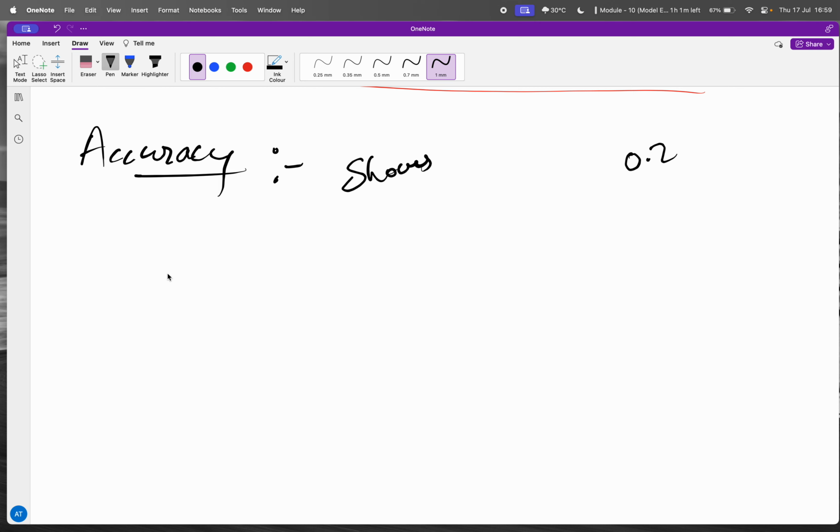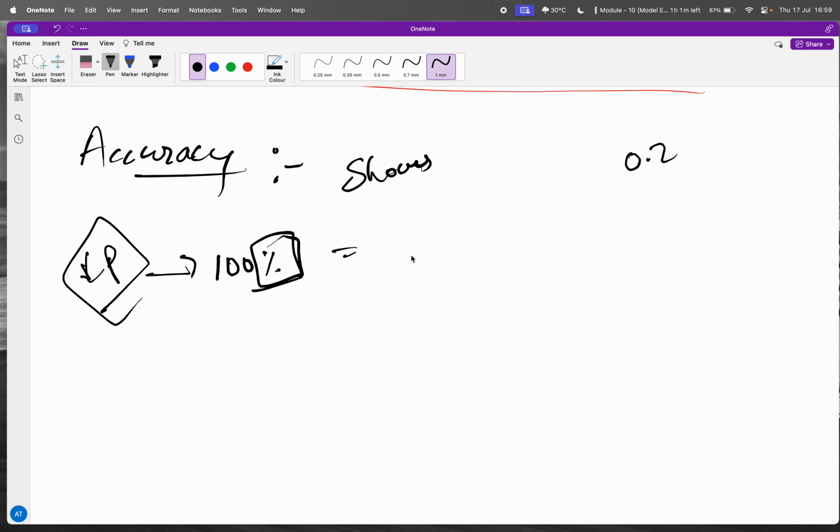Always remember, in the computer it will not give you a percentage like 100% accuracy. It will give you some decimal value like 0.82 or 0.36. So in this case, you have to multiply the value by 100 to get it into the percentage.